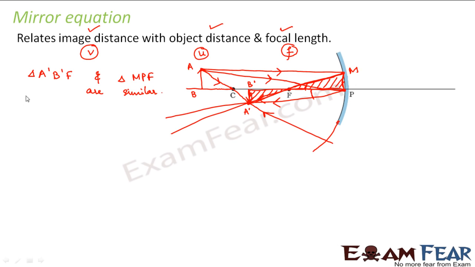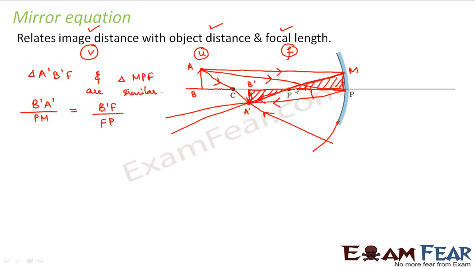Now for similar triangles, we can say that the ratio of the corresponding sides are equal. So we can say that B dash A dash divided by PM will be equal to B dash F divided by FP.